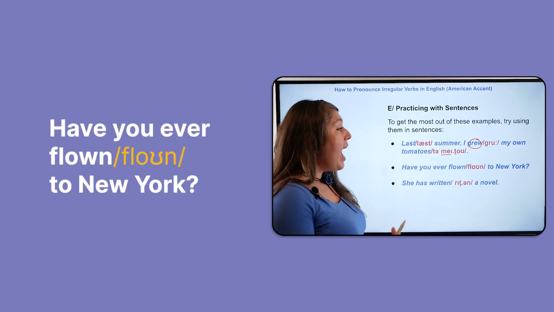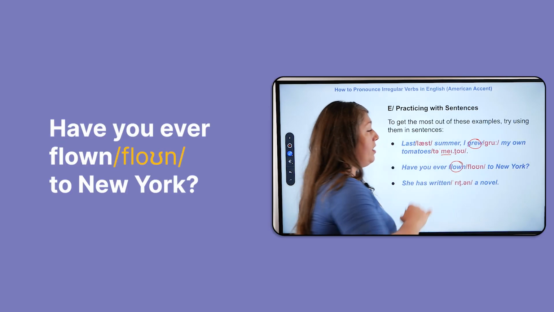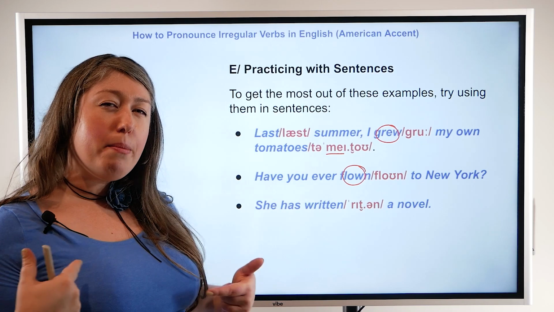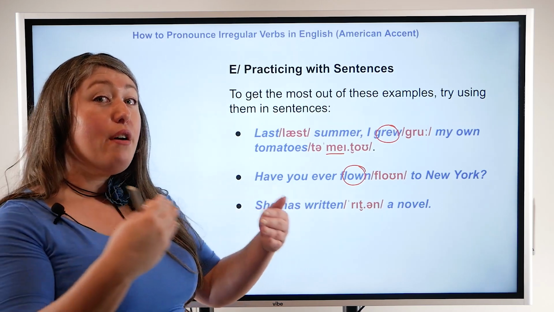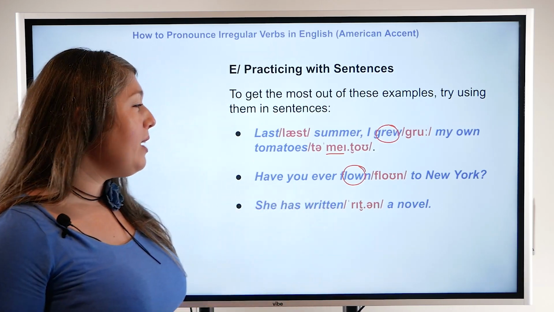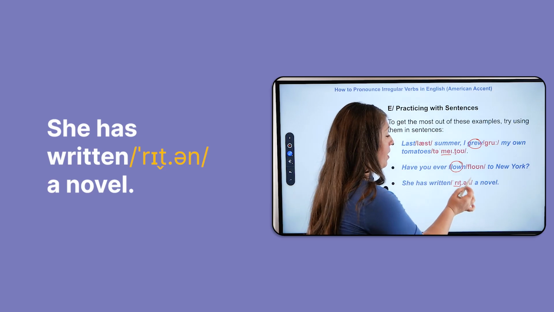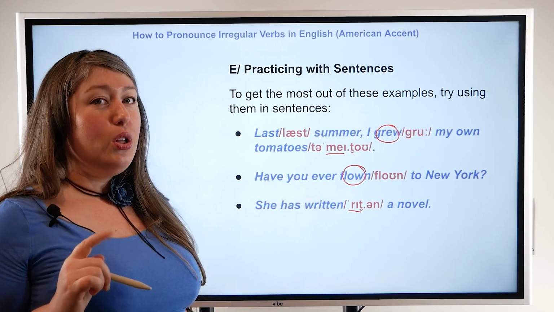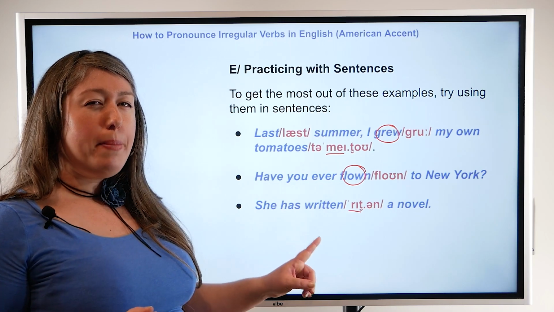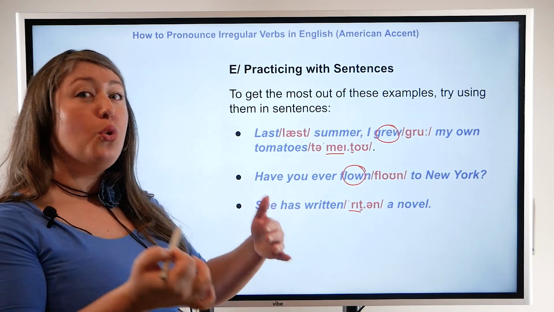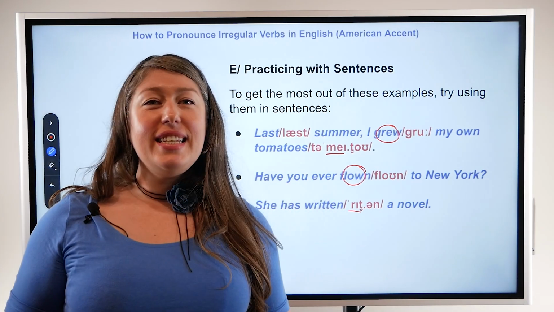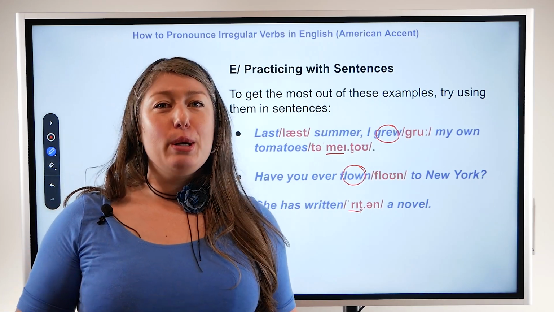And the next sentence, have you ever flown to New York? Do you remember the base verb? Fly, flew, flown, past participle. And last but not least, she has written a novel. The stress goes on the first syllable, written. Do you remember the base form? Write, wrote, written.